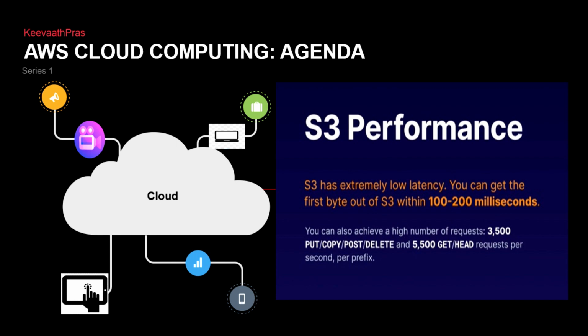So remember these two numbers: 5500 for GET and HEAD, and 3500 for PUT. GET is 5500, PUT is 3500.